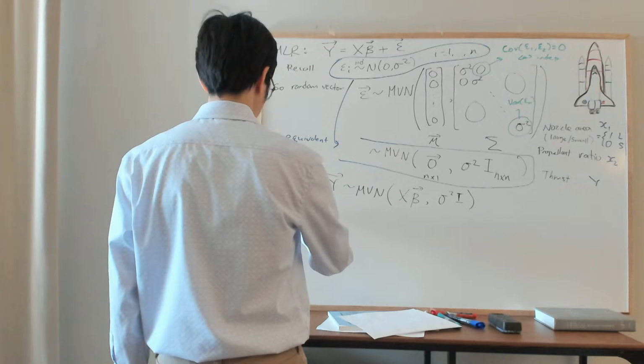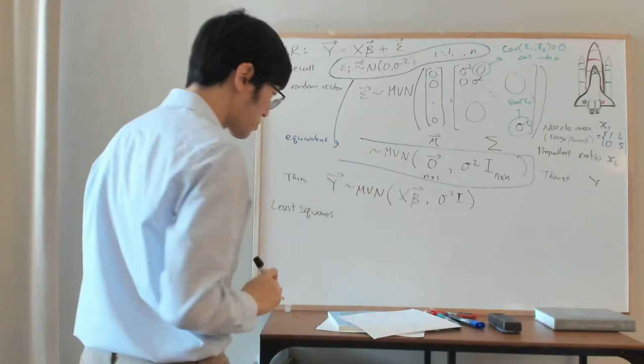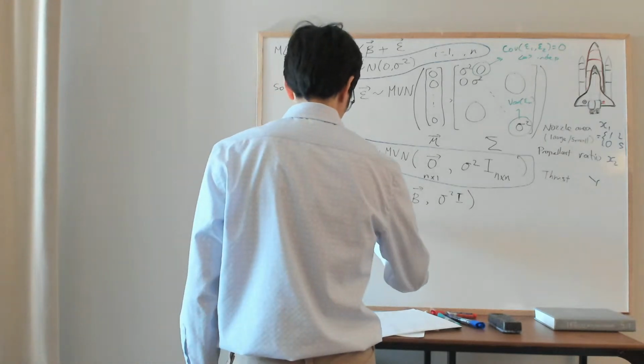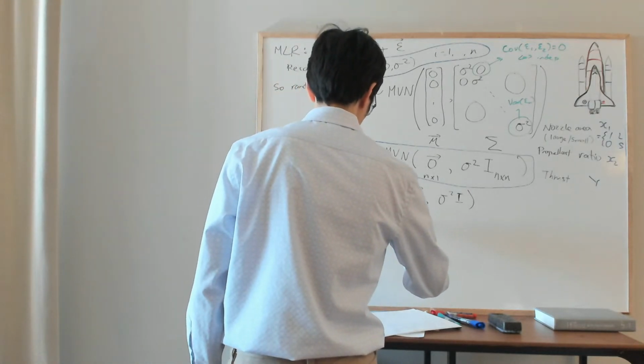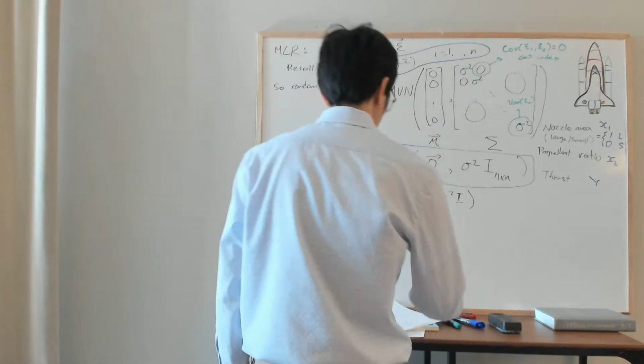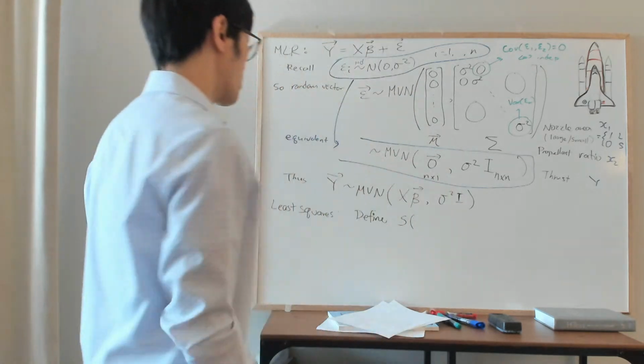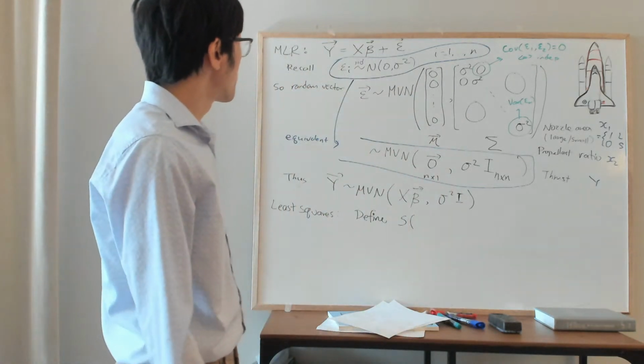Okay, so least squares. Let's define the objective that we want to minimize. I called it S back then, so I'll use the same notation. What are we minimizing this as a function of?